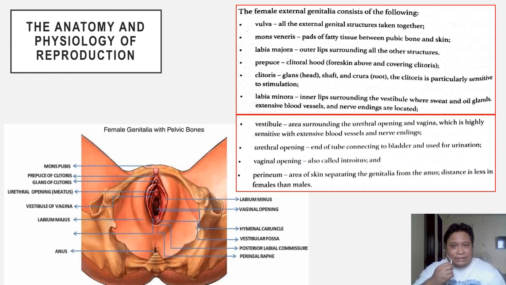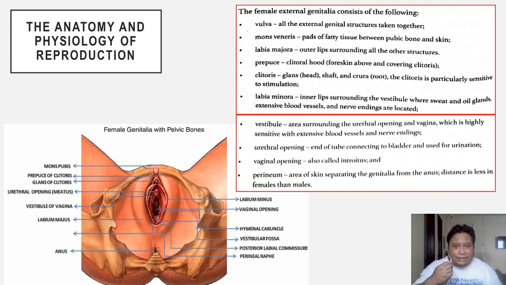But when you say the labia minora, otherwise known as the labium minus, these are the inner lips surrounding the vestibule, where sweat and oil glands, extensive blood vessels, and nerve endings are located. Okay, so the next one is the vestibule.